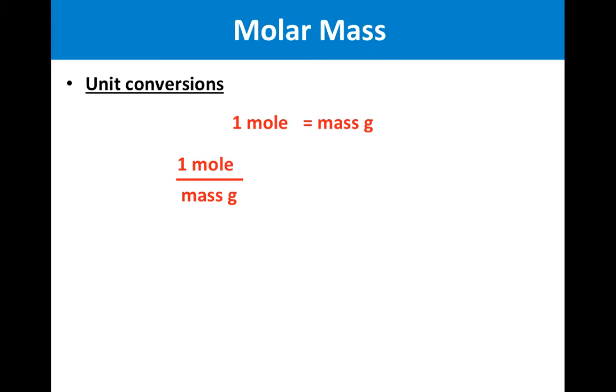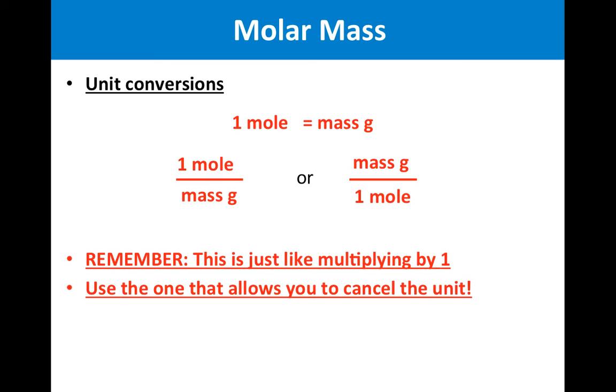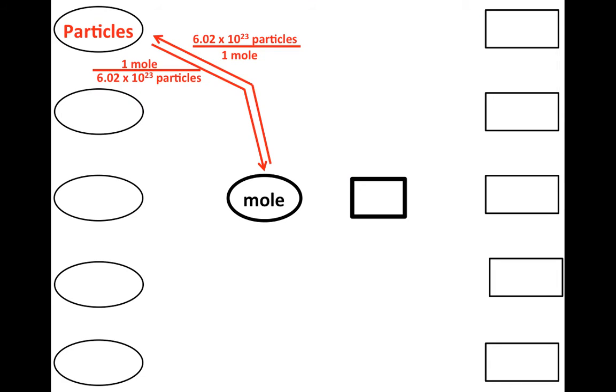So we can write it just like we did yesterday. You can rewrite the conversion factor as such. For every 1 mole, its mass in grams, or mass in grams for every 1 mole. So both of these are just like multiplying by 1 because you're using the same amount, just different units. You're always going to use the one that allows you to cancel out the unit.